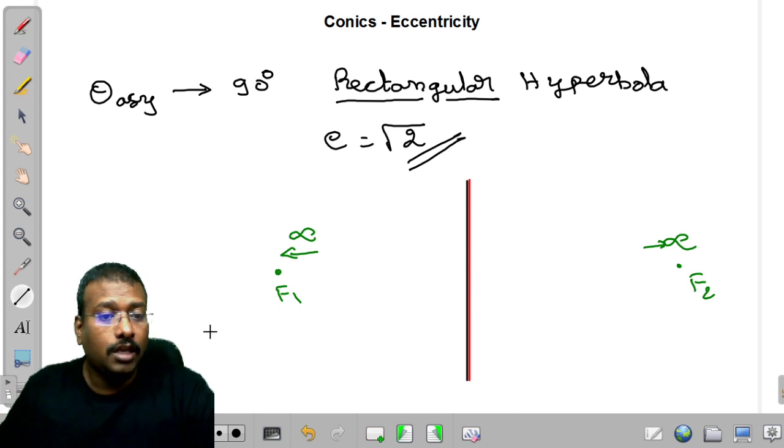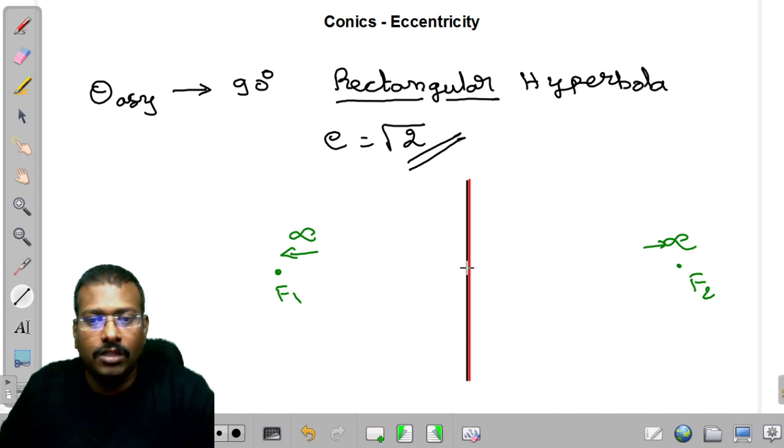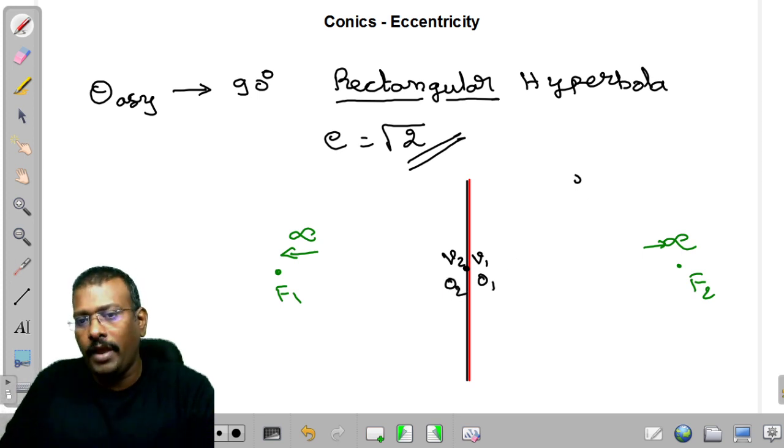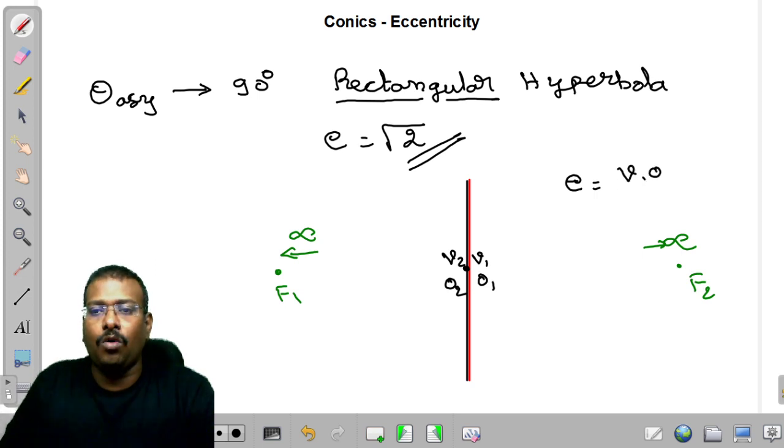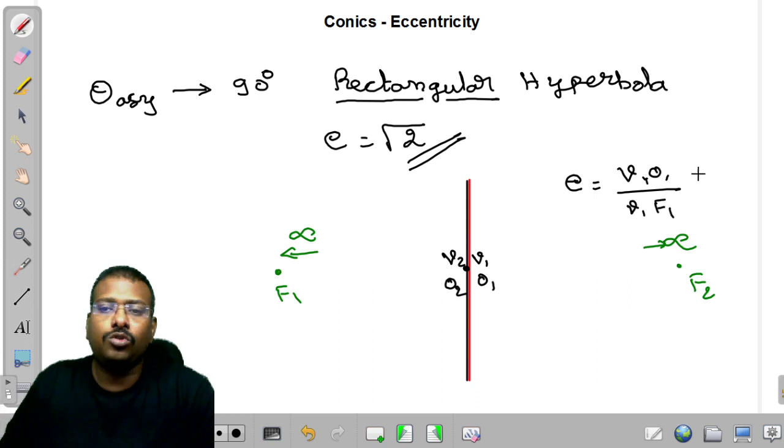Now if you observe, the point V is on the curve. This point is going to be V. V1, V2. Same point is related to O1, O2. Now we know eccentricity E is equal to V1 O1 divided by V1 F1. So V1 O1 is 0. Denominator is infinity.